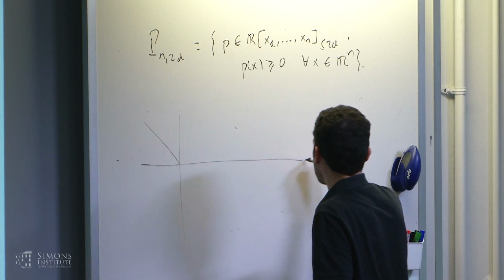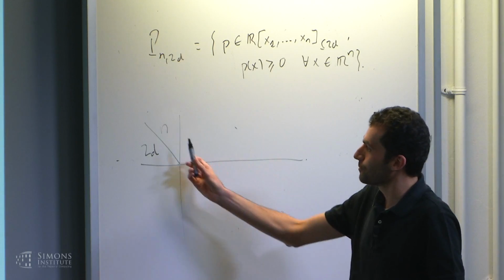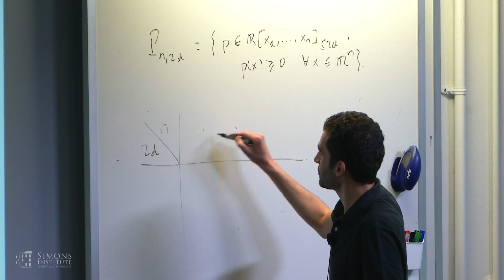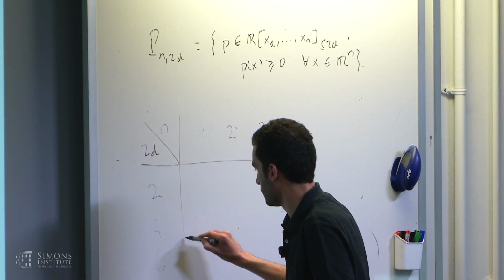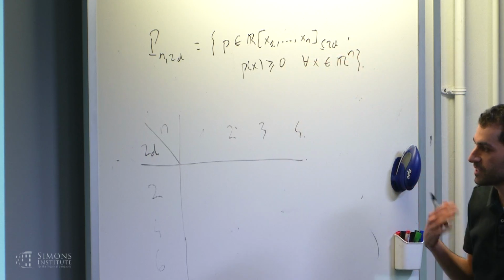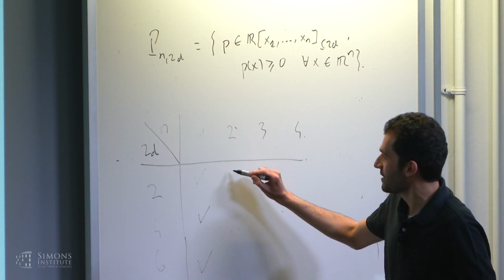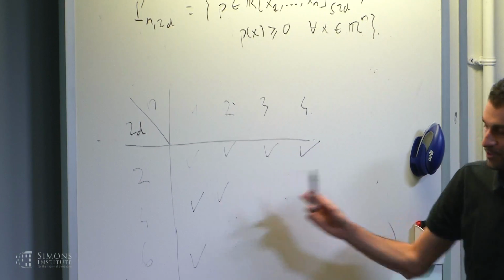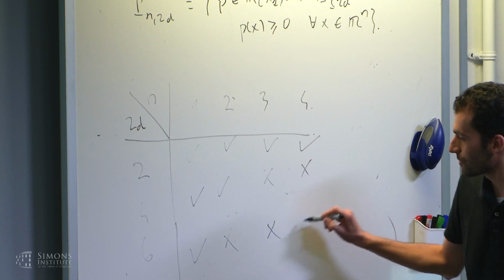Remember the picture that Pablo drew on Monday. You can look at the following table: the number of variables, 1, 2, 3, 4, etc., and then the degree. You can ask, when is it true that any non-negative polynomial in n variables of degree at most 2d is a sum of squares? He showed that this is the case in this situation, which is the exceptional case that Hilbert showed, and these are all the situations where this is not true.